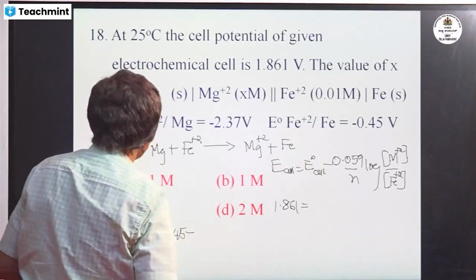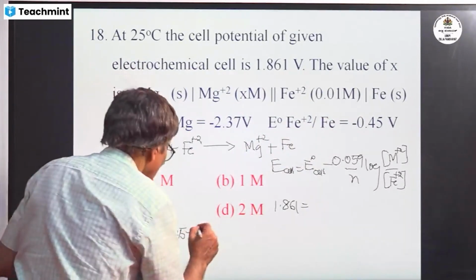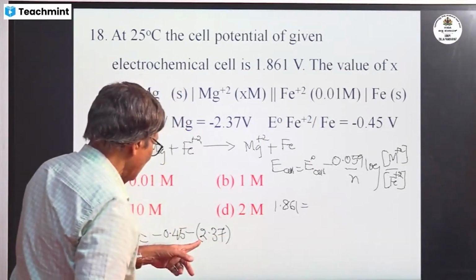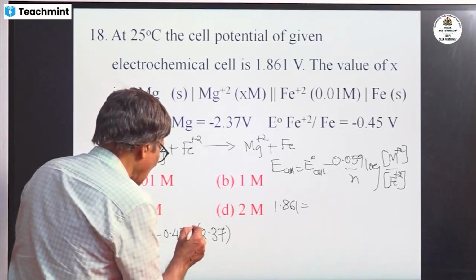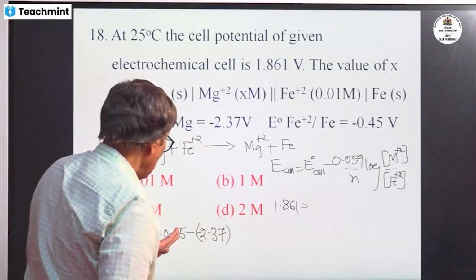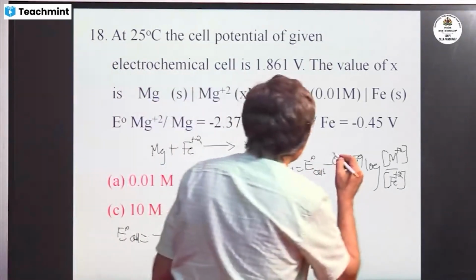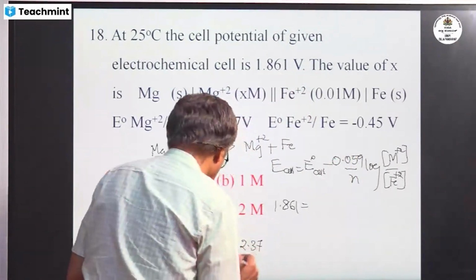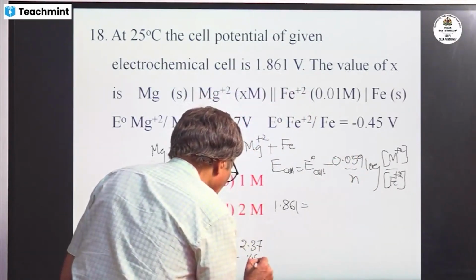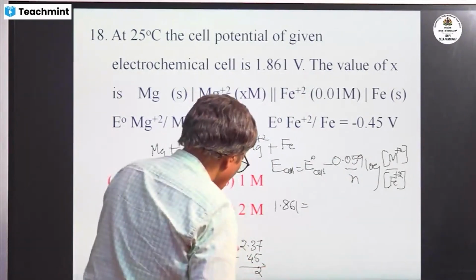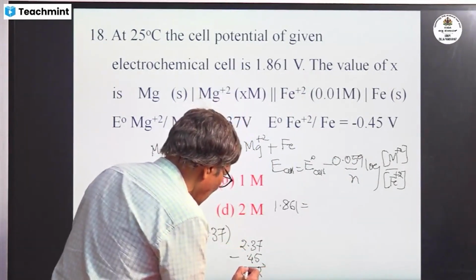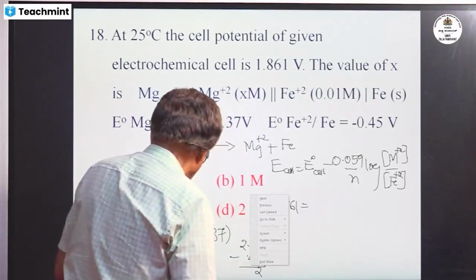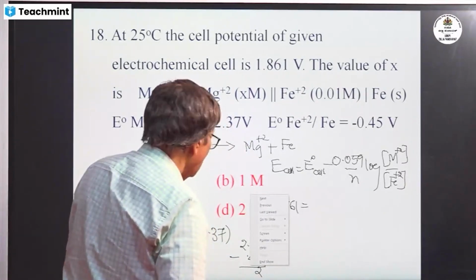Lower value is minus of minus 2.37, so it is 2.37 minus 0.45. It is 2. Then 13 minus 4, 9. Right? Yes, 1.92.